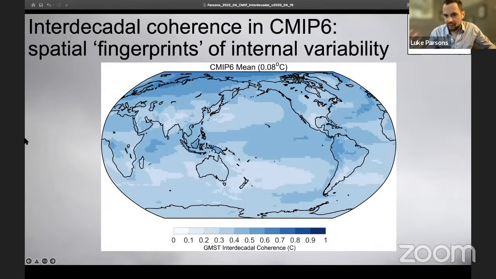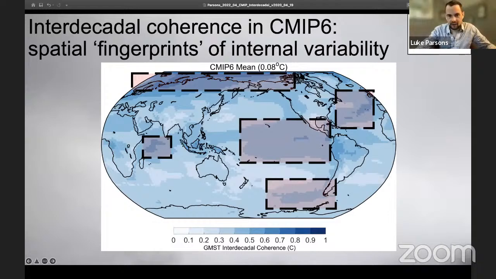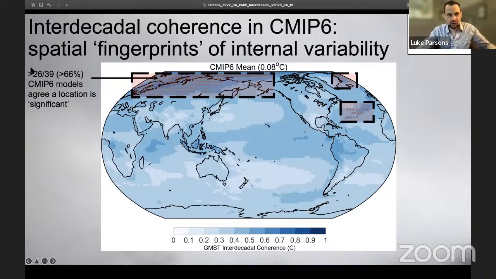If I look at the average coherence maps across the entire CMIP6 archive, you get what you see here, where clearly some areas are slightly darker blue and some areas are slightly lighter blue. And if we ask, where do 2/3 of the models, or about 26 out of the 39, agree that there's a significant relationship between global and local variability at these long timescales, that's where we get these dots that I've highlighted with these boxes.